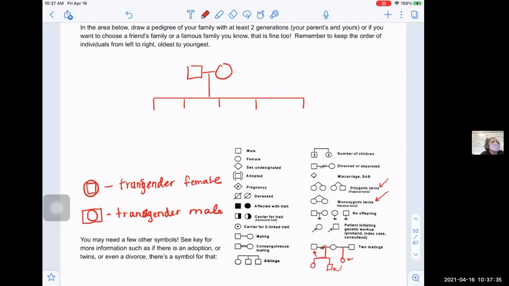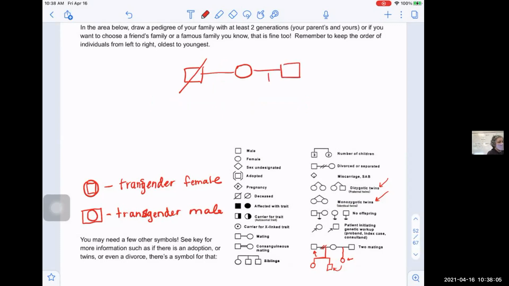I have a question. How would I draw it if I had a parent who's deceased, and my mom remarried and had another sibling? So a student is asking about a female who was married before, and he's deceased. That's how you would draw him. You put a line through anyone who's dead, and then she remarries.